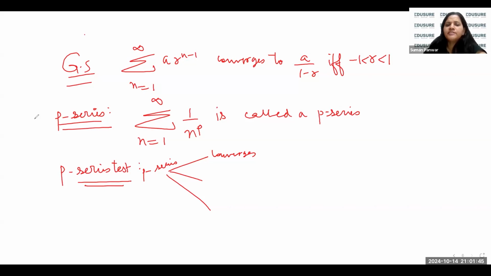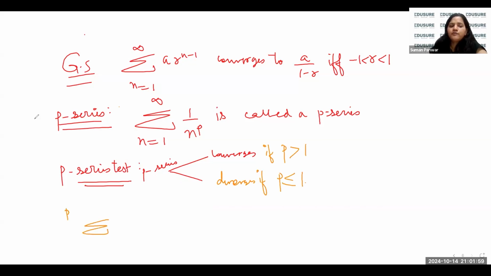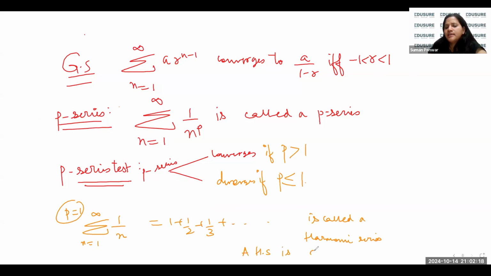A P series converges if P is greater than 1 and diverges if P is less than or equal to 1. And when P equals 1, this particular series is 1 upon n. So this is 1 upon 1 plus 1 upon 2 plus 1 upon 3. This is called a harmonic series. Okay. And a harmonic series is divergent because here P is equal to 1.